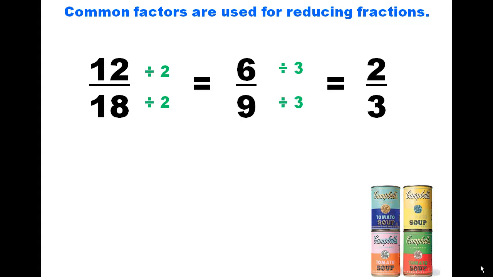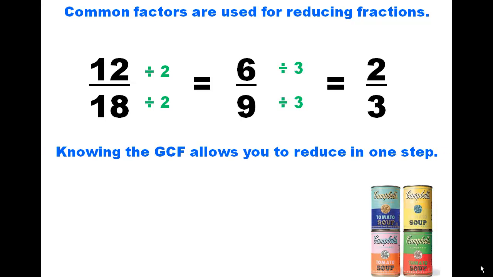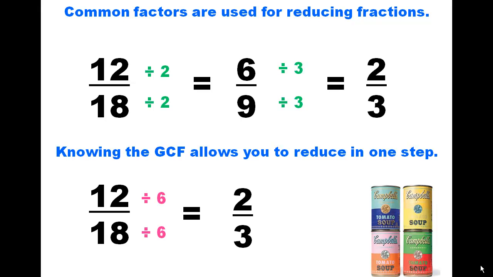And ultimately you get down to 2/3. Notice I'm using the 12 and the 18, which were the numbers that I used on the previous screen. However, if you know the greatest common factor, it allows you to reduce in one step.